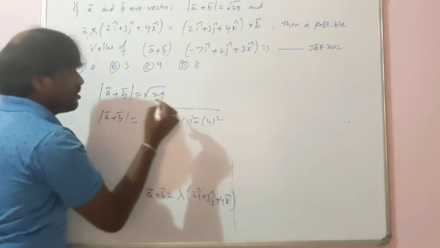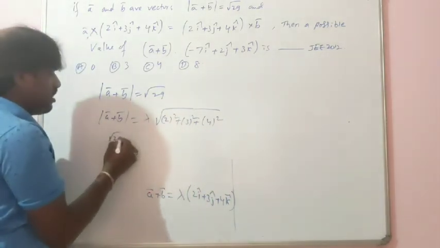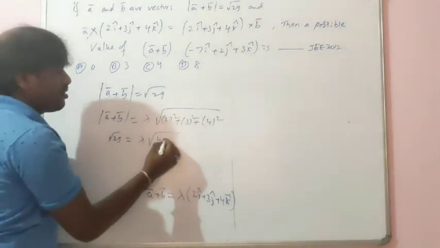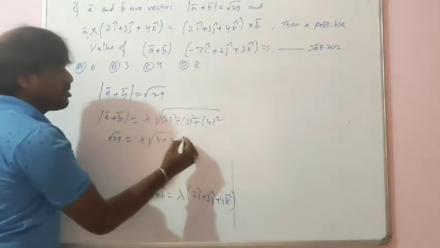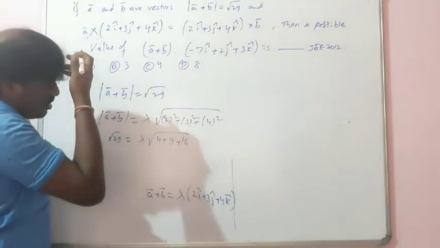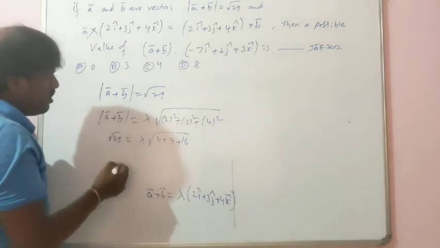And this value is root 29. Root 29 is equal to lambda times square root of 2 square value 4, 3 square value 9, 4 square value 16.